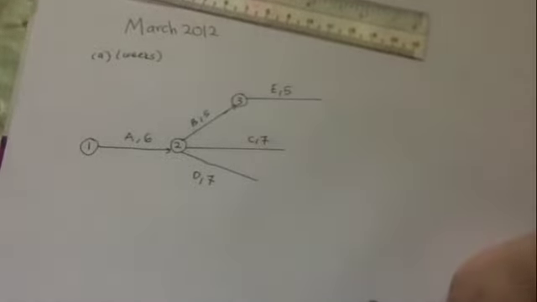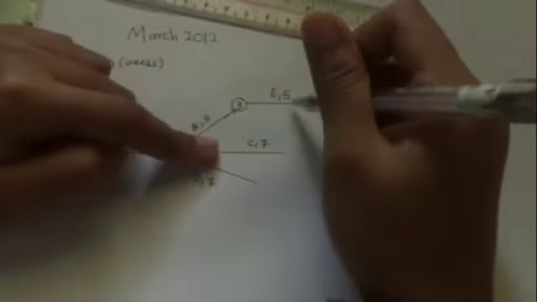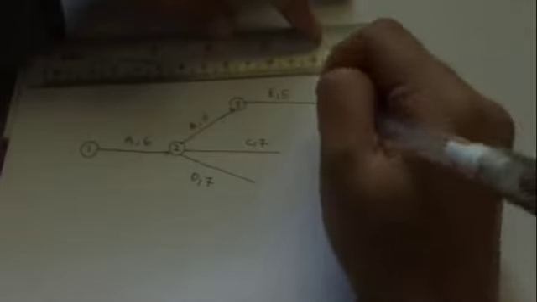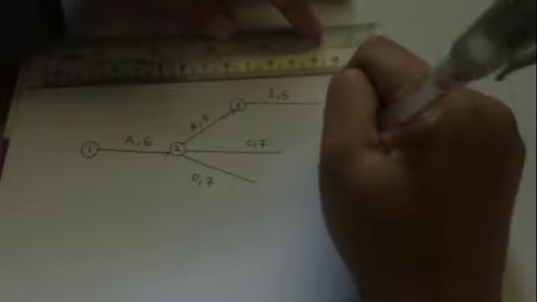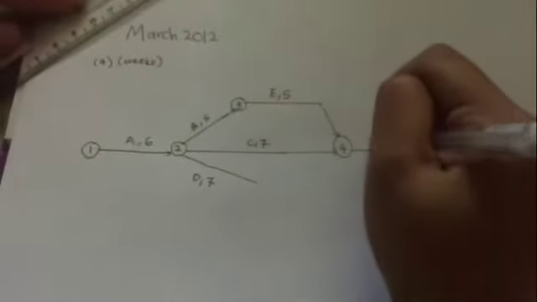Next, for activity F, there are 2 preceding activities, C and E. Since C and E have no activity yet, you just have to draw and meet them here. So 1, 2, 3 and 4. So C and then E, and then bring out F with the duration 6.